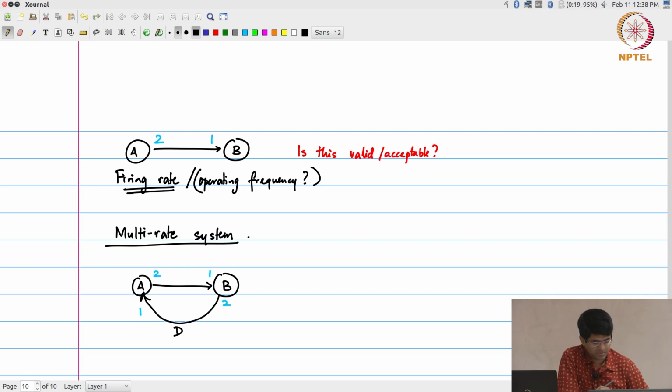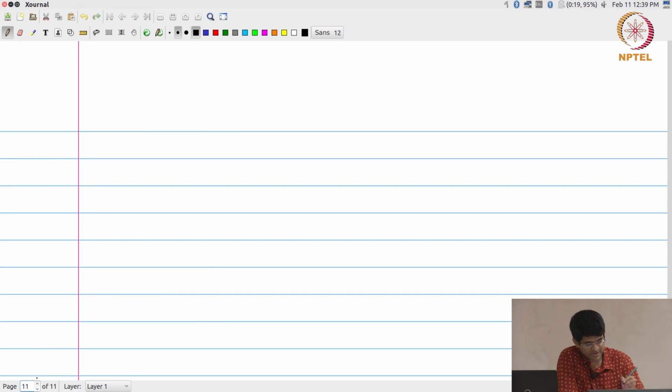Okay, what would you say is going to happen in this data flow graph? Let us understand this a little bit better, I'll just redraw it quickly over here so that we can look at the firing sequences.